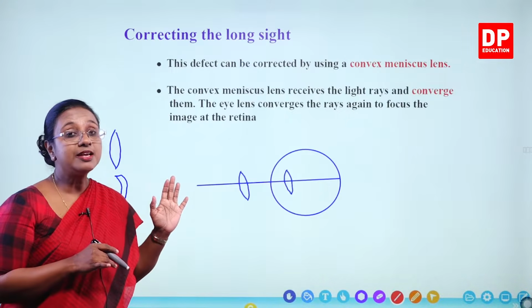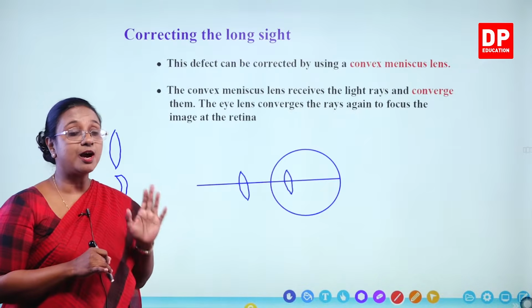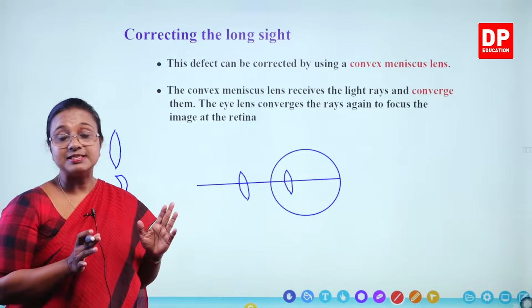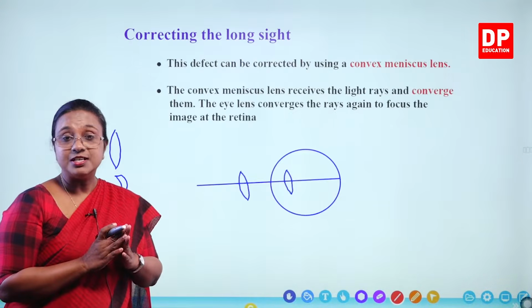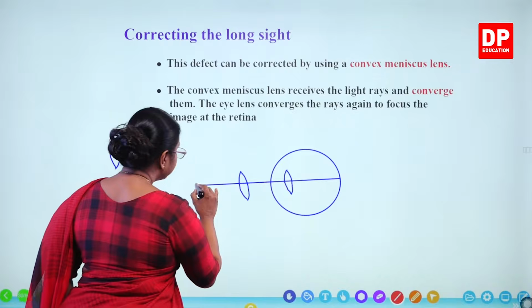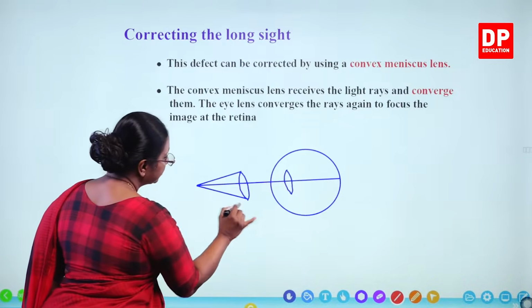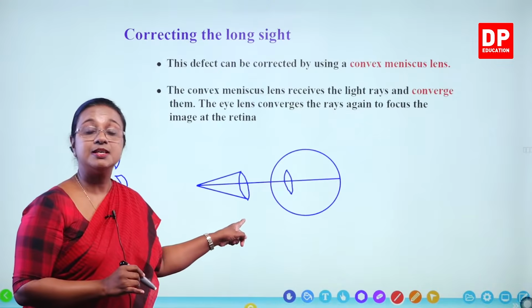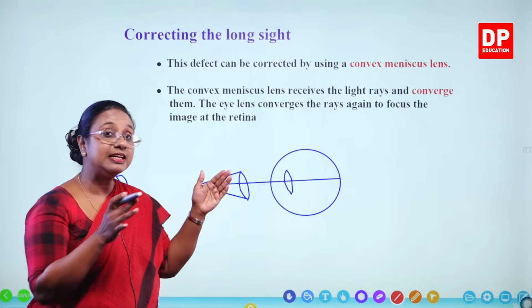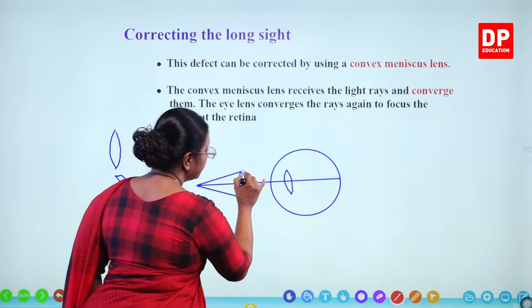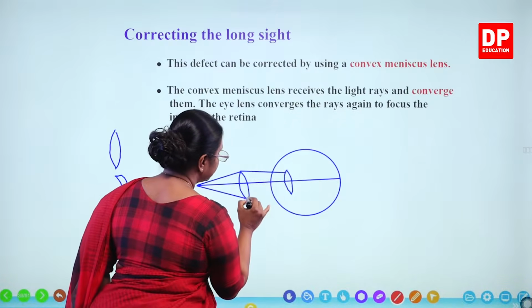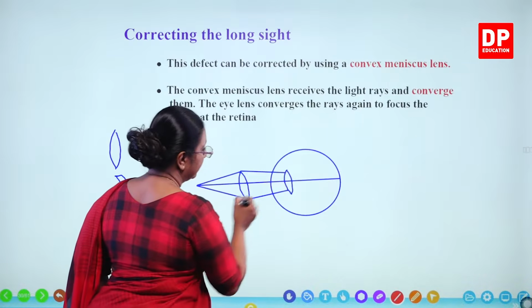So when there are rays coming from close by objects, how do they come? They come as a set of divergent rays. So the rays are going to come like this. But initially they fall on the first convex lens that converges the rays. So that will converge the rays like this.